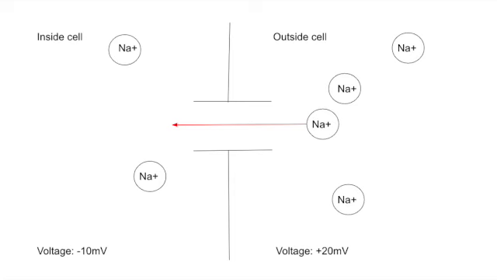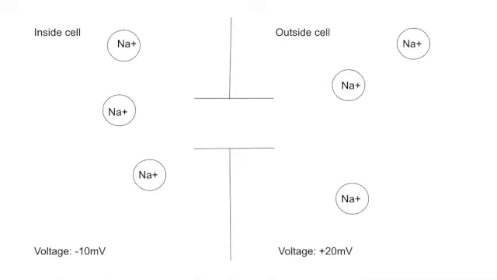When an action potential is generated, sodium channels open to admit sodium ions into the intracellular fluid. The sodium ions rush into the cell because the concentration of sodium ions is greater outside the cell than inside the cell. Therefore, the ions are following the concentration gradient into the cell. This event causes rapid depolarization of the membrane.